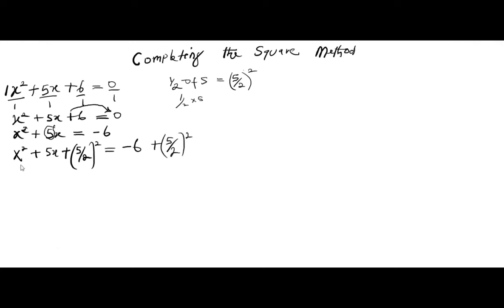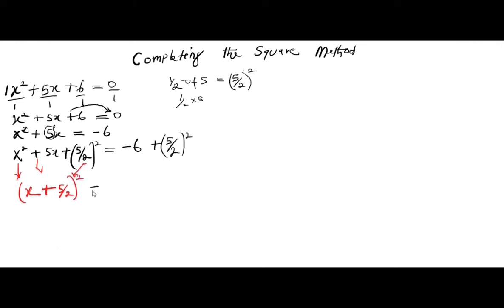Then, going with that trick of factorization that I told you before, this is what we are going to do here. We are going to take this x, then we take this sign, plus, then we take this particular 5 over 2 we have here, then all in squared.